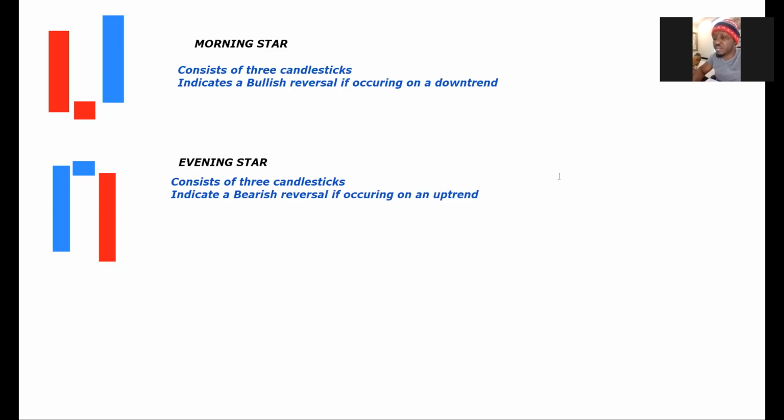This is where I was saying price action is important. If you combine these 3 right here, what are you going to get?